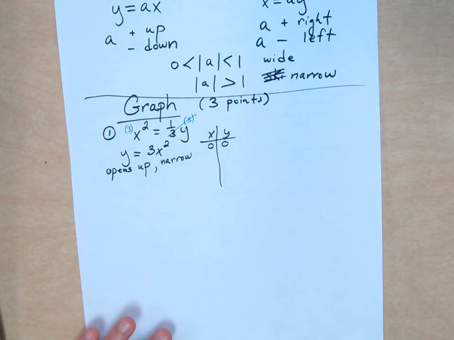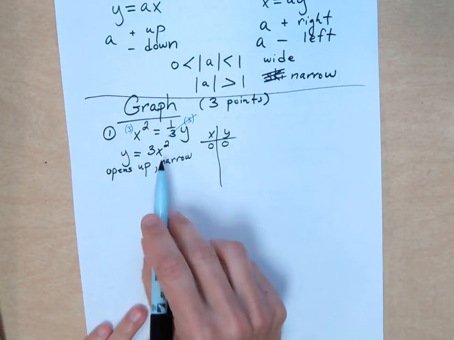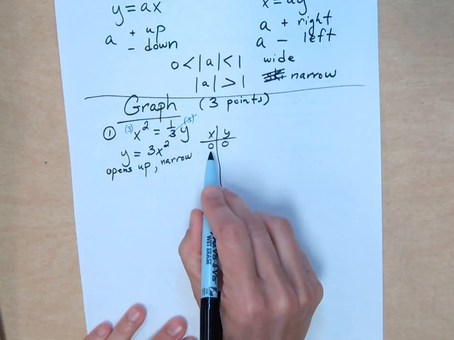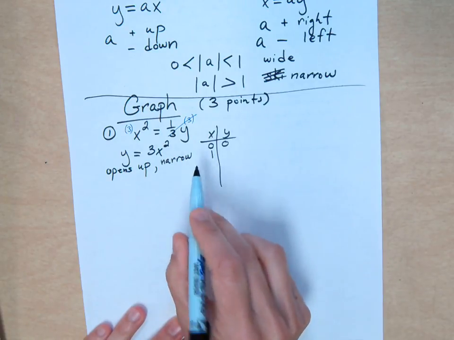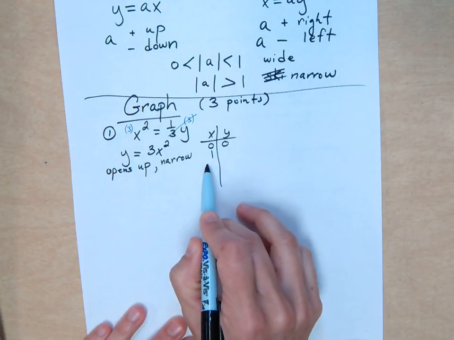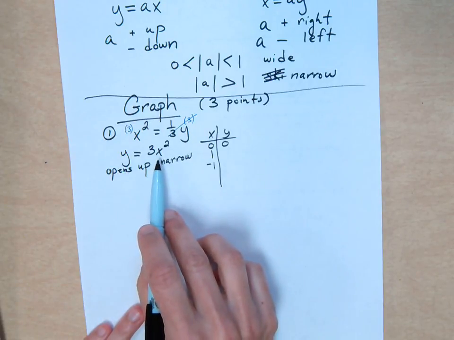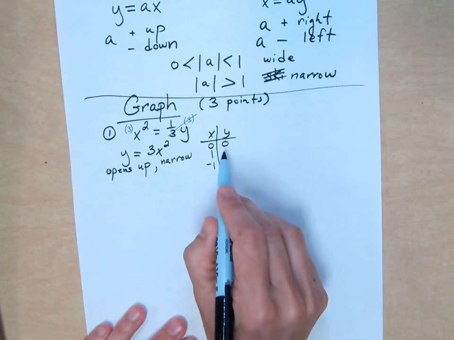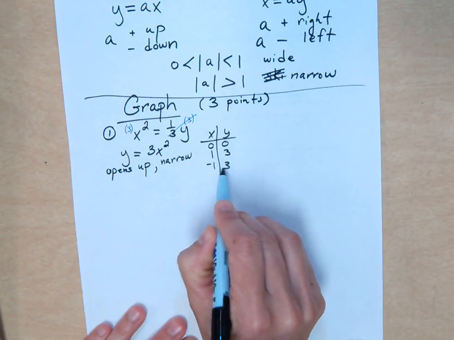That's going to be a given today, because all the vertices are at 0, 0. The next easiest number is 1 or -1. You see how you get the same answer? Whether you plug in 1 or -1, you square it and then multiply by 3, so you'll get 3 and 3.